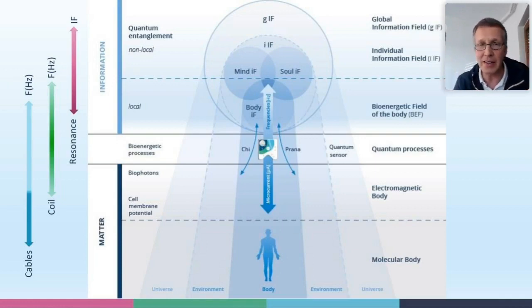But there are other parts like the mind and the soul, which together create the individual information field, which is again, like our body is embedded in the universe, embedded in a global information field. So all this constitutes the information field, which is constituted by quantum entanglement.